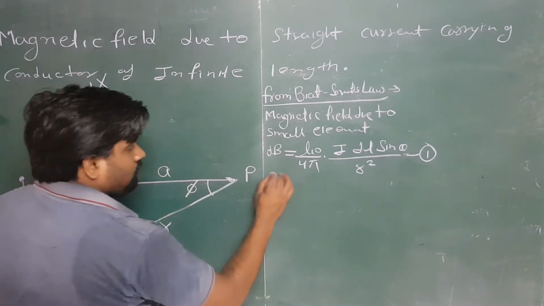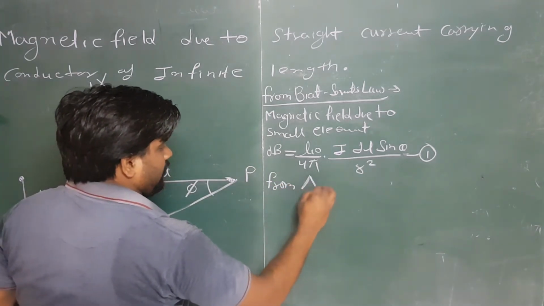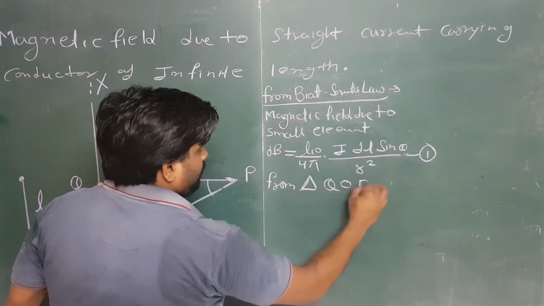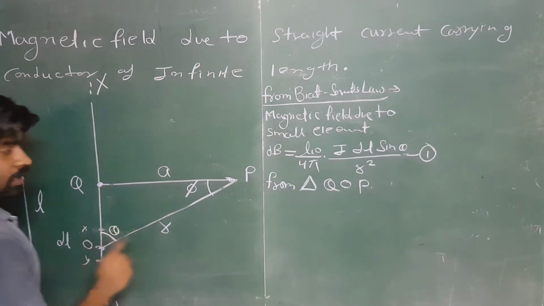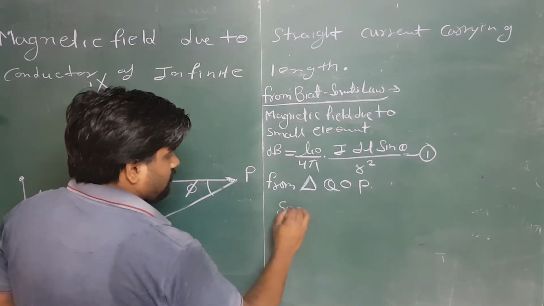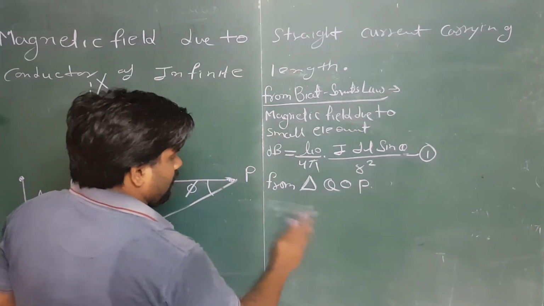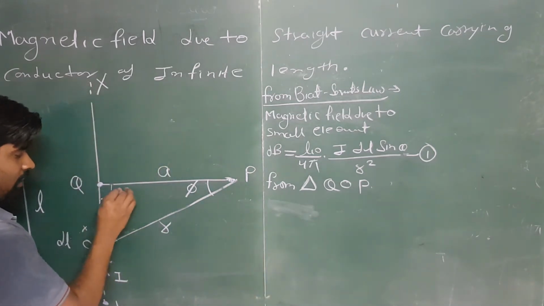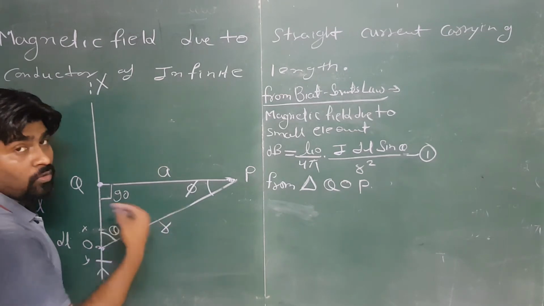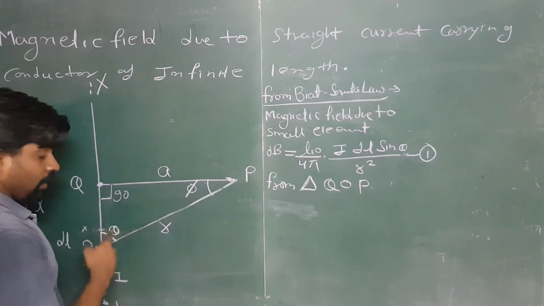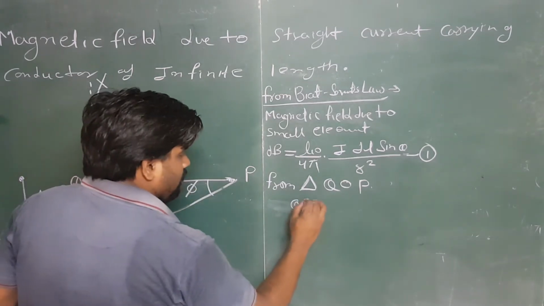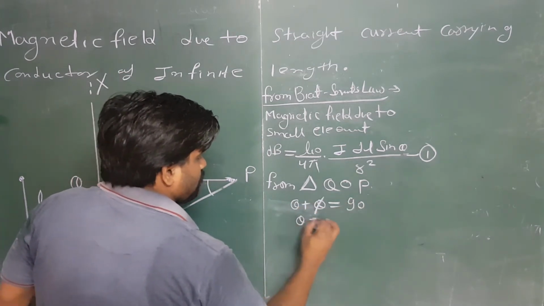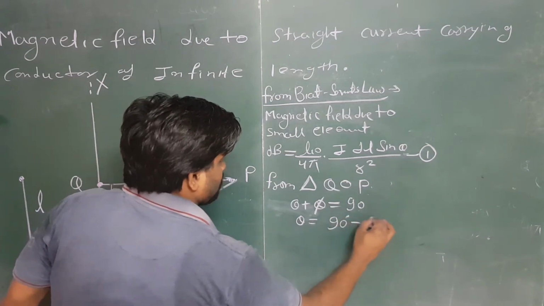From the triangle QOP, the angle is theta here, then sine theta. So I discussed, because this is 90 degrees, and the triangle has a total of 180 degrees, these two angles will make 90 degrees. Then theta plus phi will equal 90 degrees. Then theta is equal to 90 degrees minus phi.